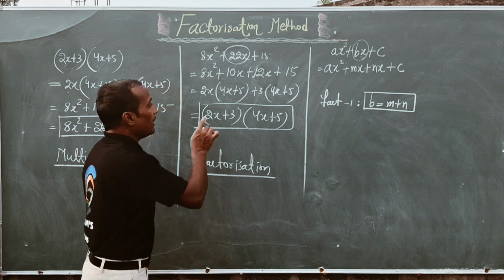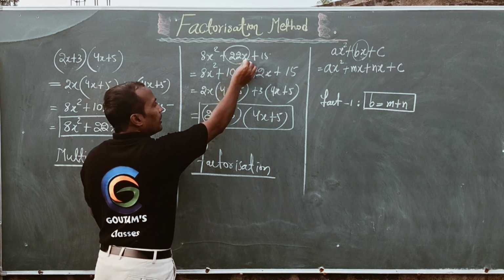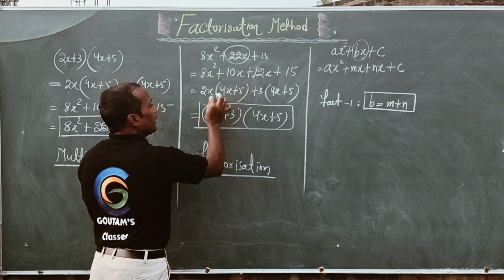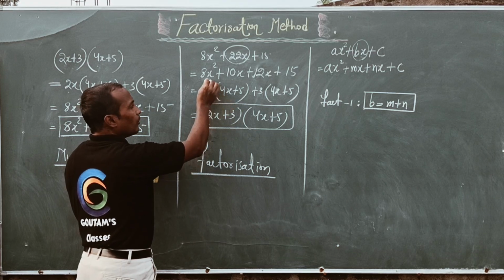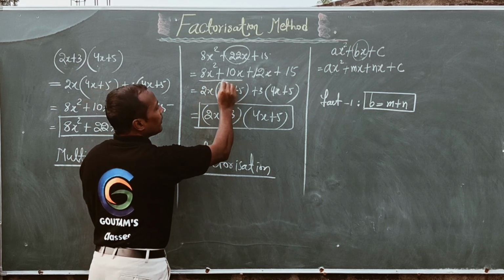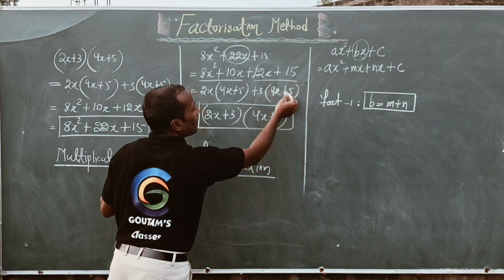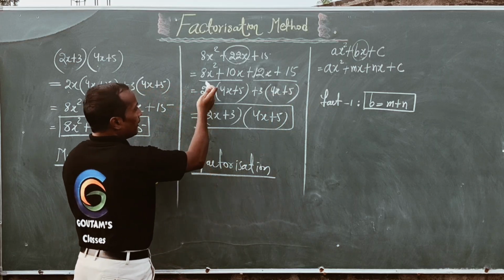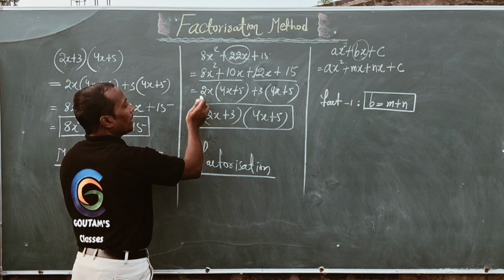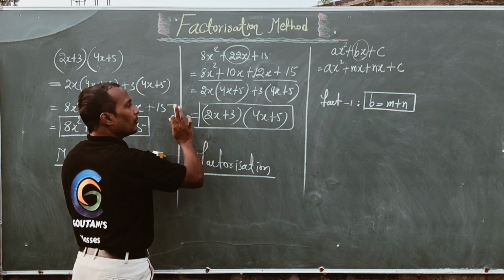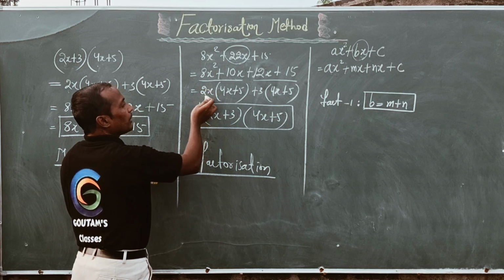Now what happened here? Observe, after breaking 22x into 10x and 12x, in the immediate next step we can see clearly that 2x has been taken common out of 8x square and 10x, and from 12x and 15, 3 has been taken common. So 8x square and 10x have 2x as their common factor. Maximum you can take 2x.